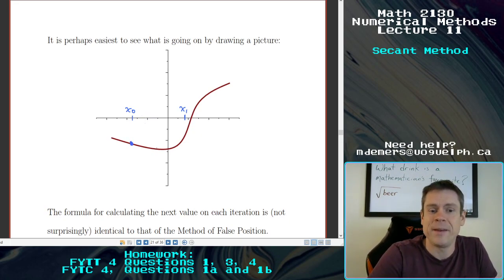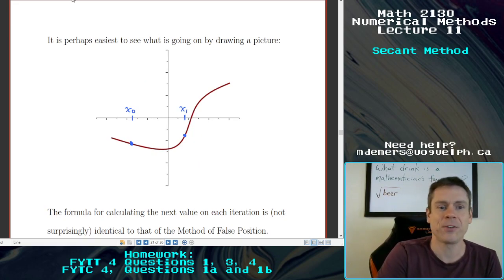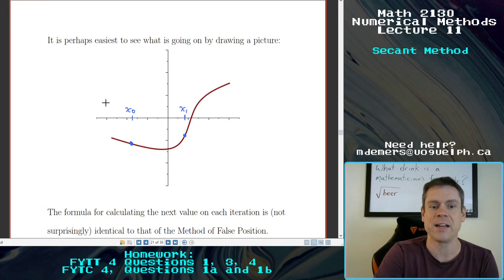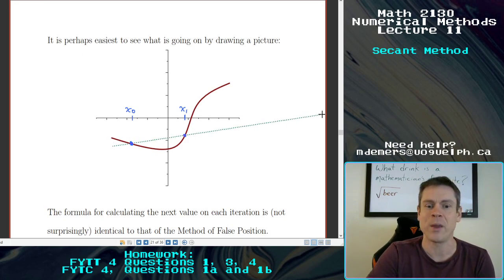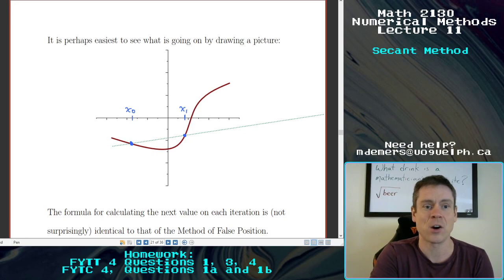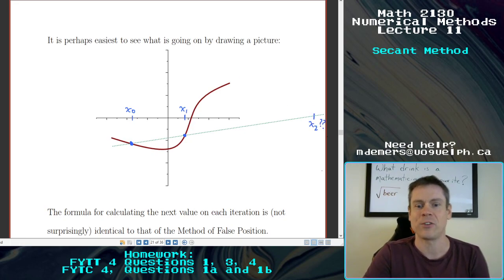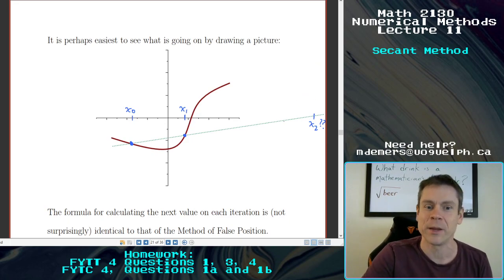F of x0 would be down here. F of x1 would be right here. And you can see from just drawing that first line that the secant line connecting the two is going to have an intercept that is way over here. And so your next estimate's going to be far away from that root. Over here, x2, question mark, and I don't even know what the function's doing out there.